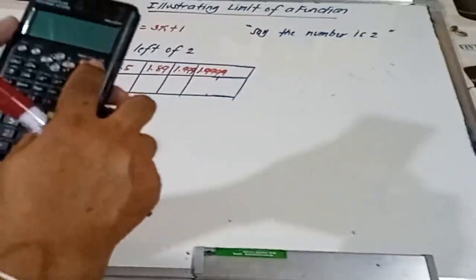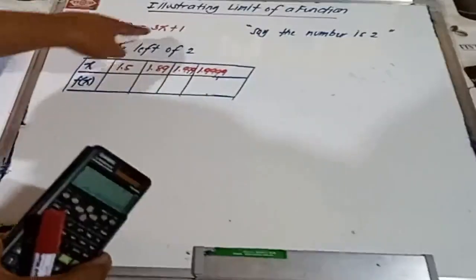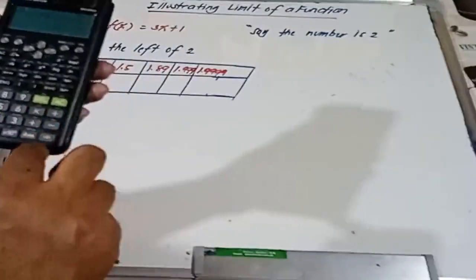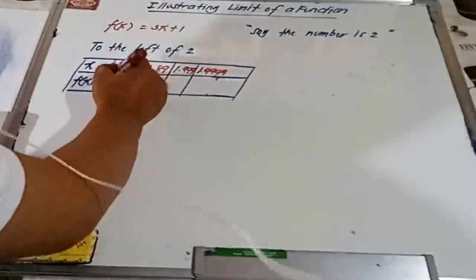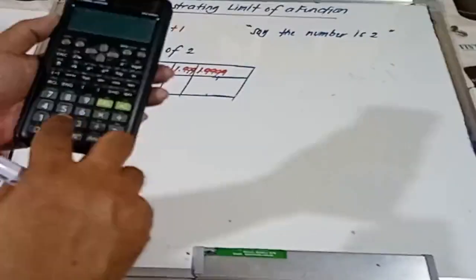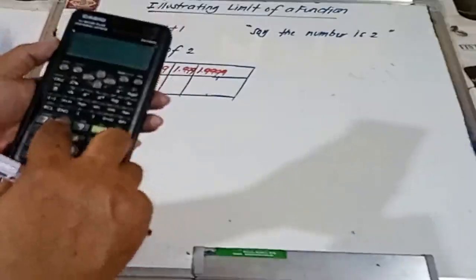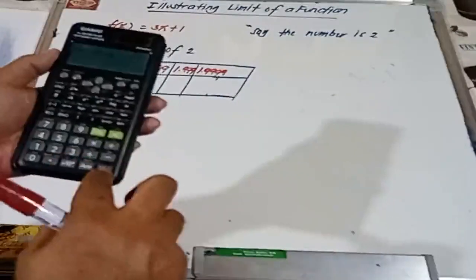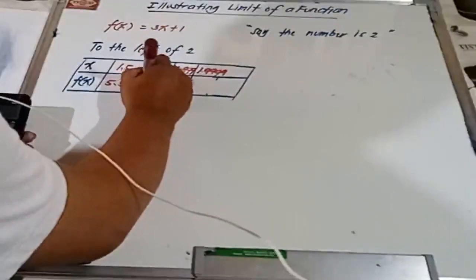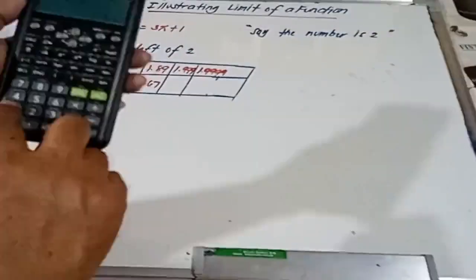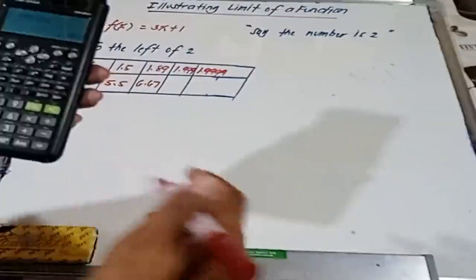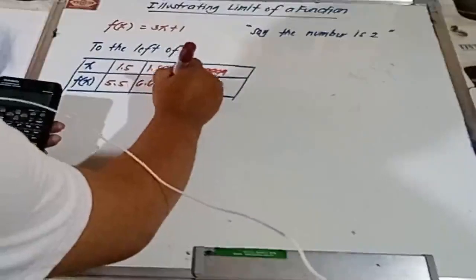X is 1.5. We have 3 times 1.5 plus 1, that will be 5.5. X is 1.89, so 3 times 1.89 plus 1 is 6.67. If x is 1.999, times 3 plus 1 is 6.997.